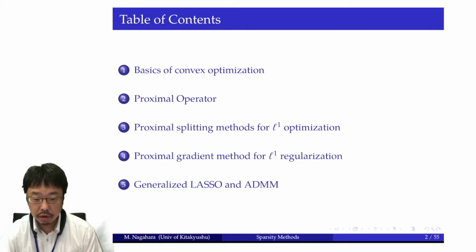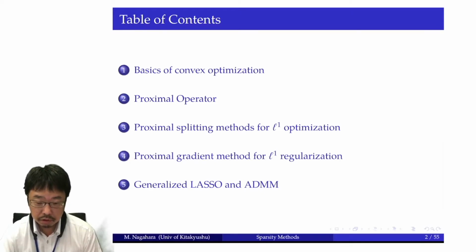First, we will review basics of convex optimization. Then, we will define proximal operators, which are important to develop fast algorithms for convex optimization, including the L1 norm.